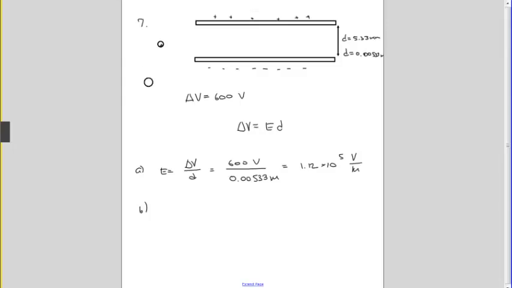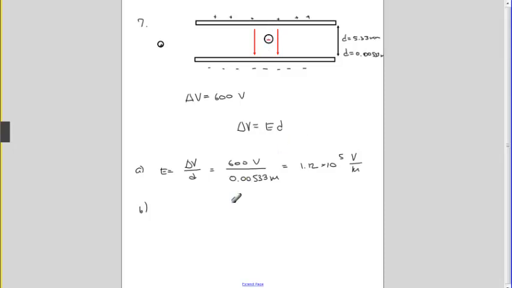So here's the negative particle, and the electric field lines are going to be going in this direction. So positive particles go with the electric field lines. Negative particles go against them. So it's going to go in that direction.